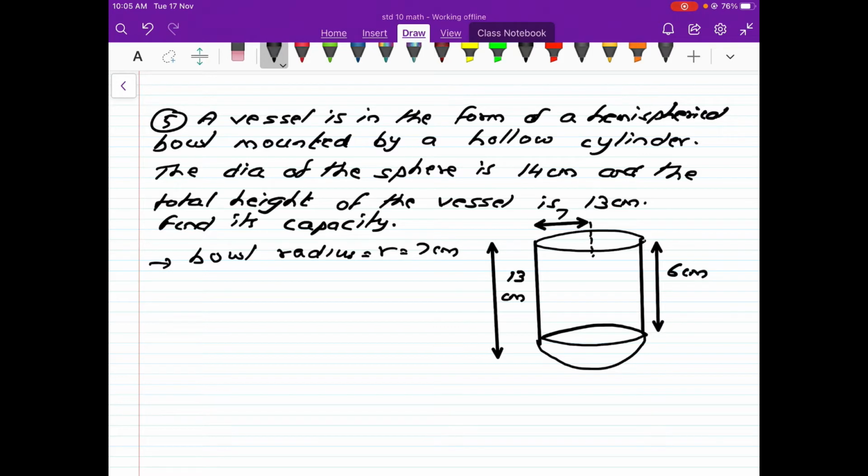And what is the height of the cylinder? It is given as h is 6 centimeters.